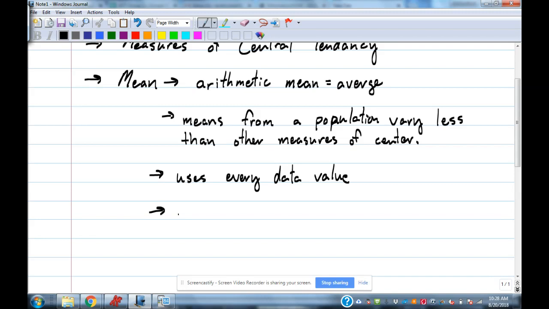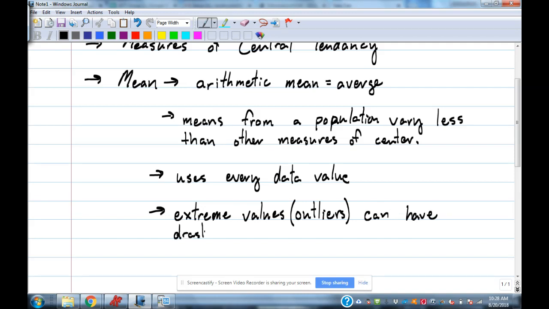Also, the mean, extreme values, kind of related to that. Extreme values, what's another name for those? Outliers. Outliers can have a drastic effect.